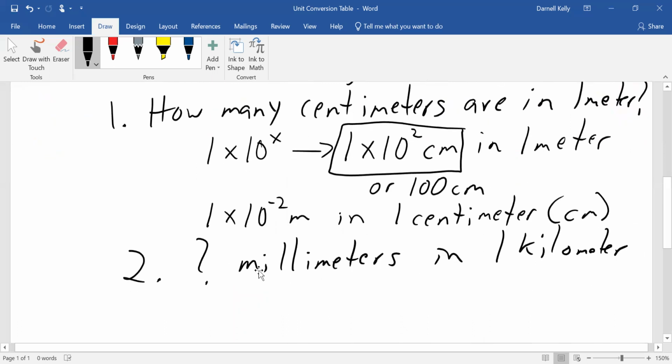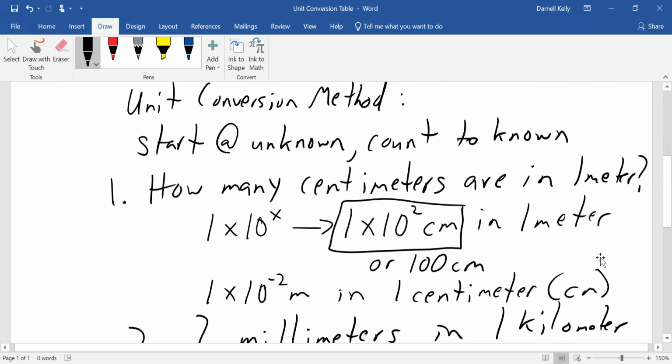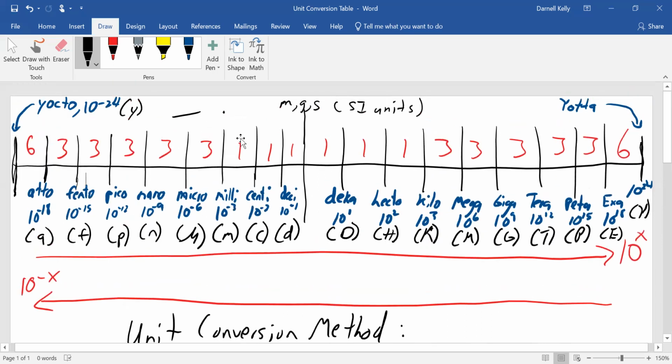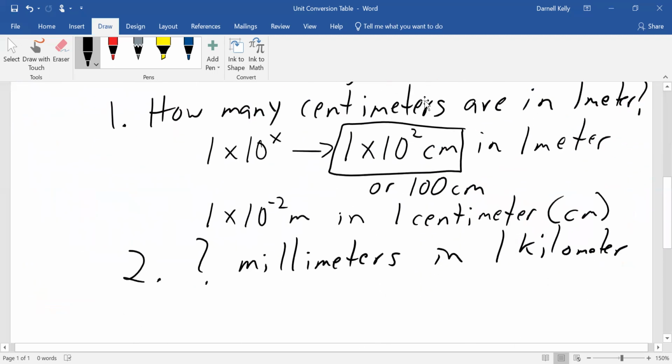All right, second example. What if we wanted to figure out how many millimeters in 1 kilometer? Well, same method. We start at milli here, and we're going to count all the powers of 10 that separate milli to kilo. And there are 1, 2, 3, 4, 5, 6 powers of 10 that separate milli from kilo. So 10 to the 6 power.